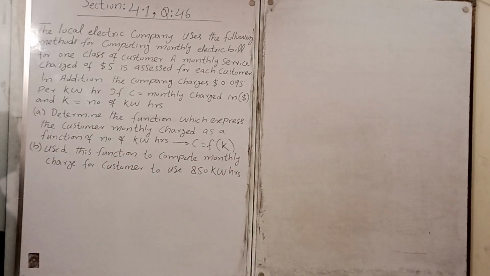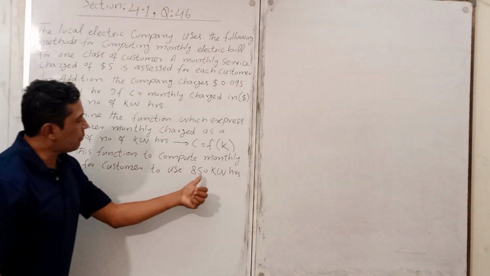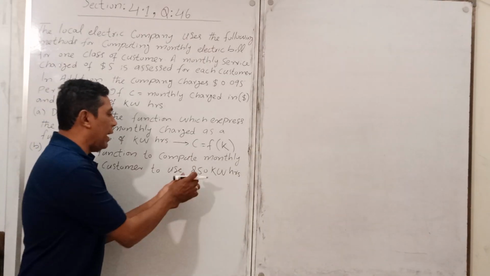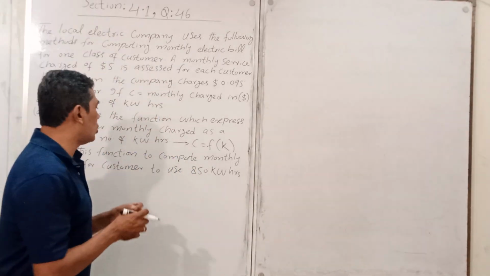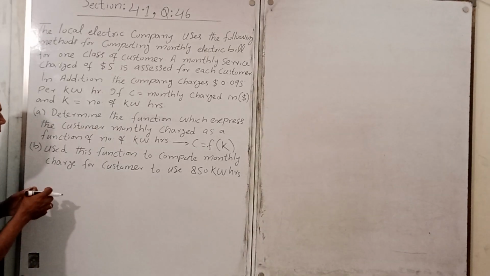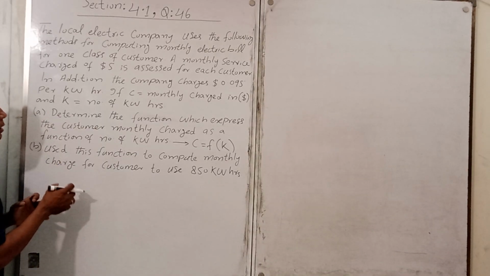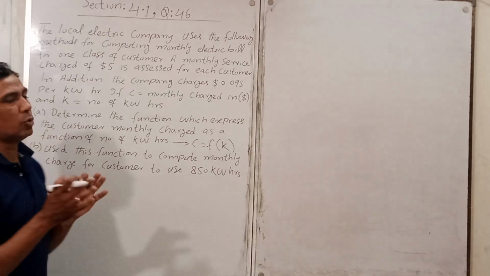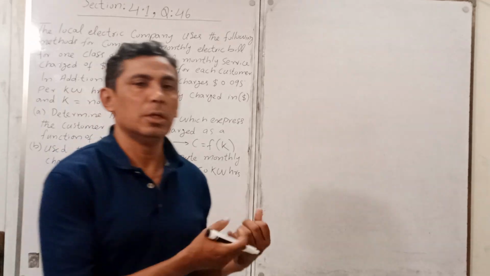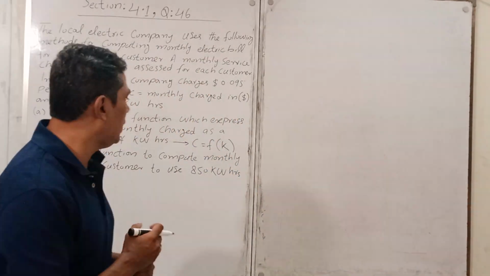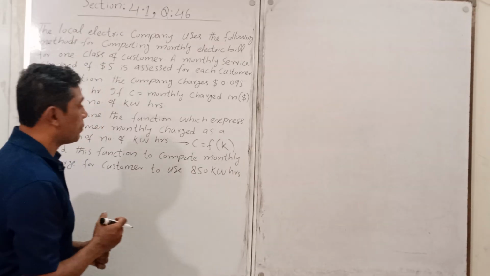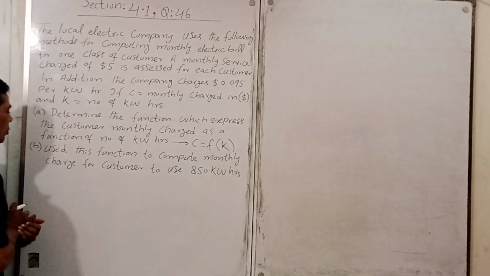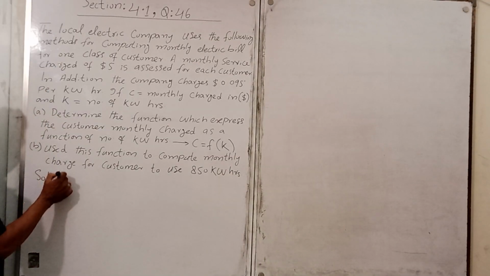Then use this function to compute the monthly charge for a customer who uses 850 kilowatts. So when a customer consumes 850 kilowatt units, what will be the total cost or monthly charge of that customer? Here you have to find the total cost as well as the variable cost with respect to 850 units of K Electric or electricity.